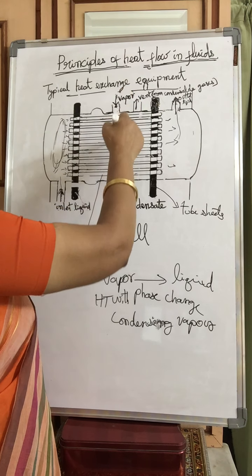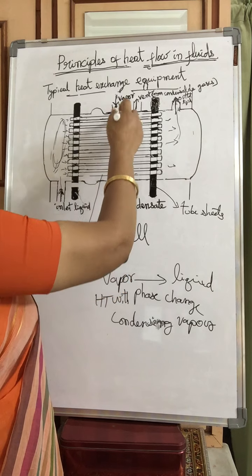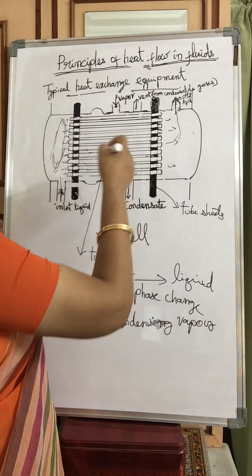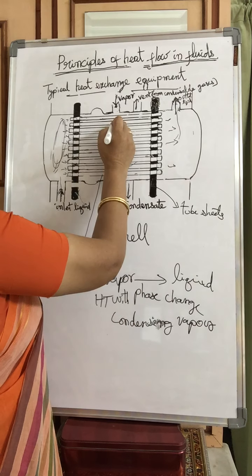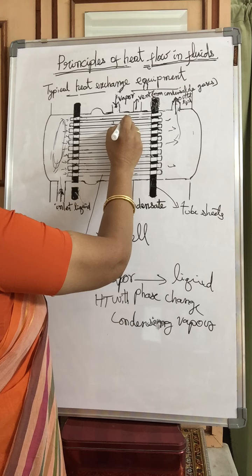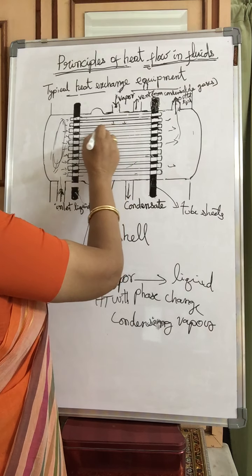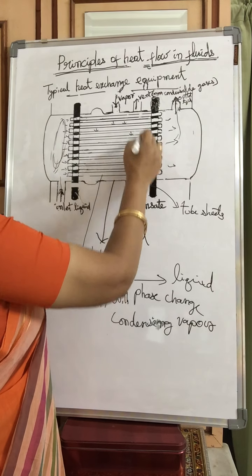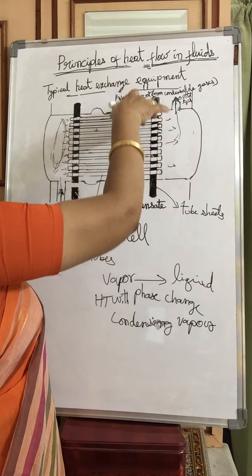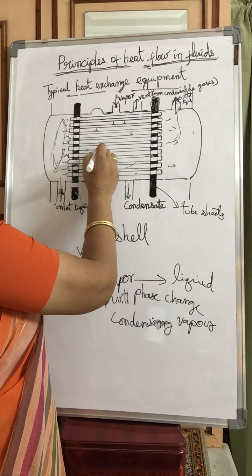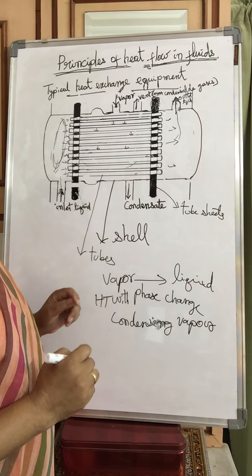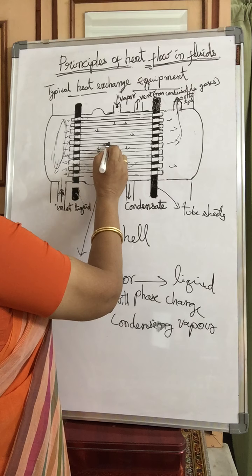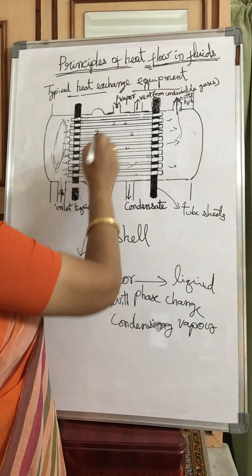After vapor enters here, it fills up the entire shell, where it comes into contact with the tube surface. These are the tubes here. So it comes into contact everywhere throughout the surface of the tubes, over all the tubes. And inside the tube, what is flowing? Cold liquid is flowing inside the tubes.